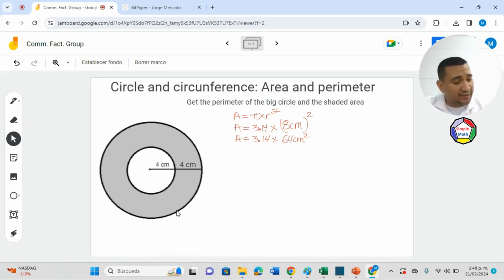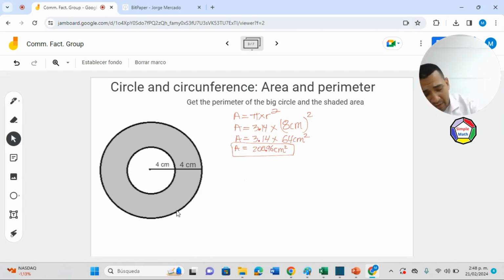It is 200.96. So the area of the big circle is 200.96 centimeters squared.